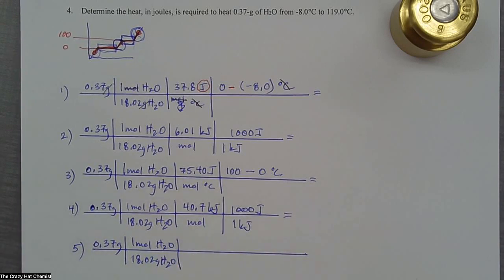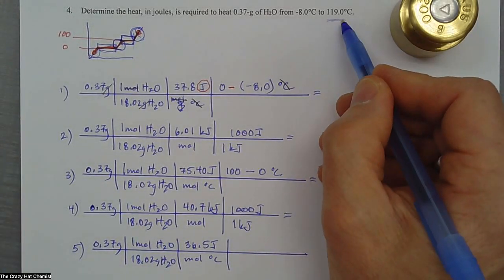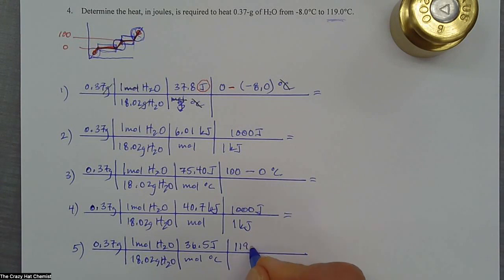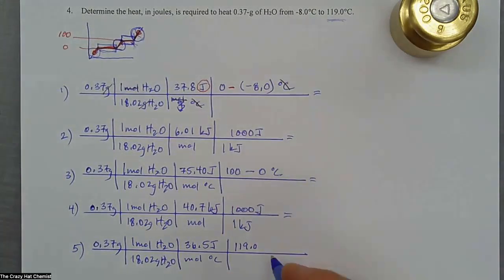And then we're going to use the molar heat capacity for steam, and that's 36.5 joules per mole degrees Celsius. Our final temperature is that final temperature of the problem, and that's 119. And then our initial temperature within this section is 100. So minus 100, and that's degrees Celsius.